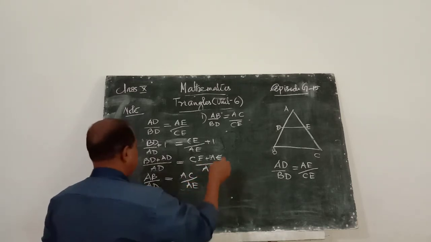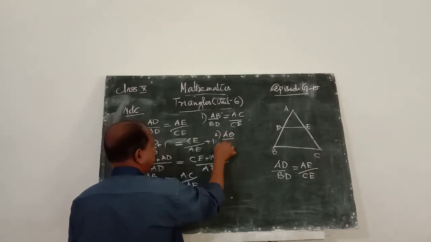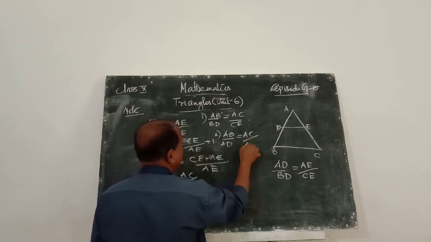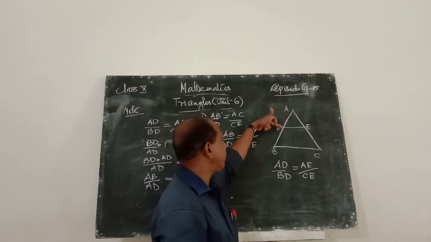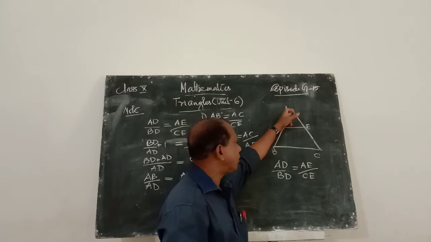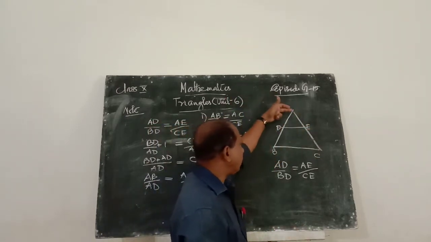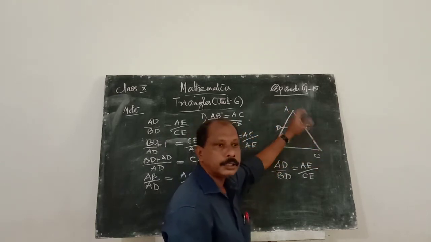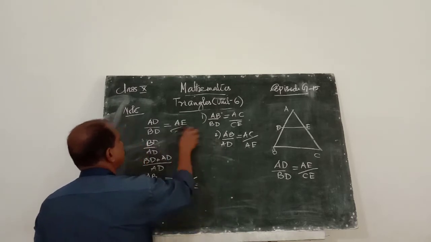That is the second result, AB by AD is equal to AC by AE. Understand? These two results are for problems only.